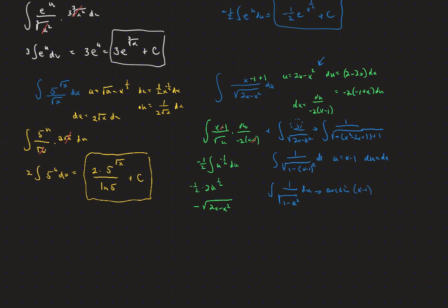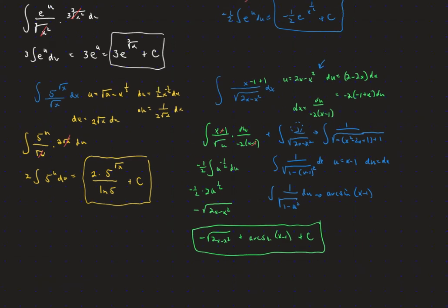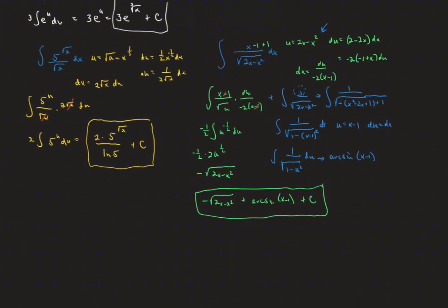So our final answer is this negative square root of 2x minus x squared plus the arcsine of x minus 1 plus our constant of integration. I think this might be mercifully coming to an end. Yep. Okay, very good.